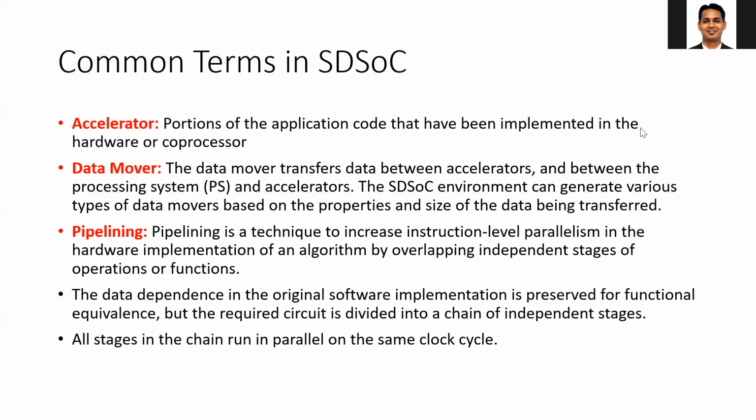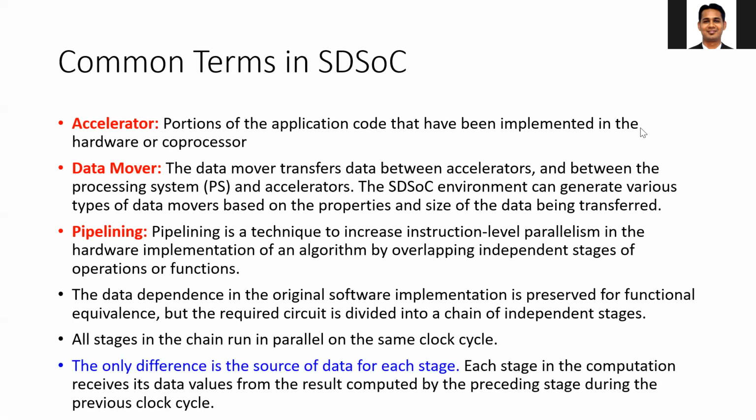All the stages in the chain run in parallel on the same clock cycle. So all three blocks are active in each clock cycle. The only difference is the source of data for each stage. If the read is processing the data received at say the nth clock cycle, your compute is processing the data which was received at the n minus 1th clock cycle, and the write is processing the data which was received at the n minus 2 clock cycle.